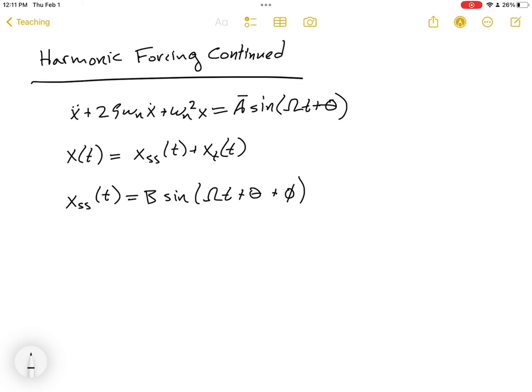And if the input has a frequency of capital omega, the output is going to have that same frequency. And if the input is offset by some theta, then the output is going to be offset by some theta plus another offset phi. So the output is going to be a sinusoid with a different magnitude and a different offset, but the same frequency.